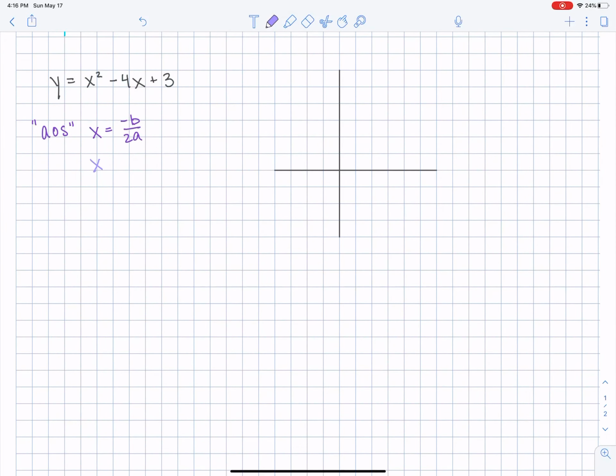So for this axis of symmetry, we know that it's going to be negative negative 4 over 2 times 1. Okay, so that means 4 over 2, that equals 2. So my axis of symmetry is down the line x equals 2.